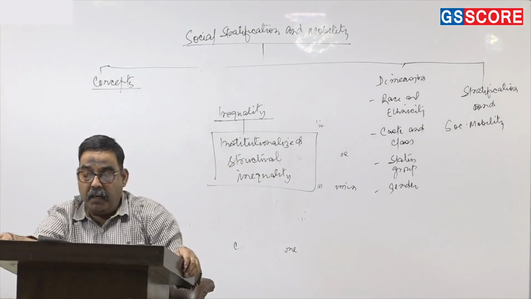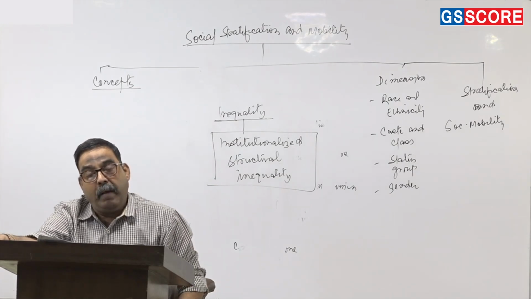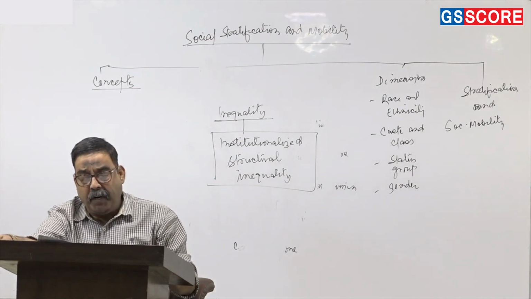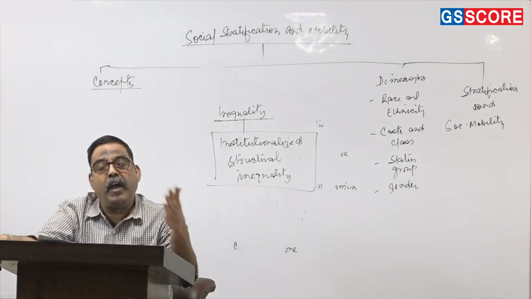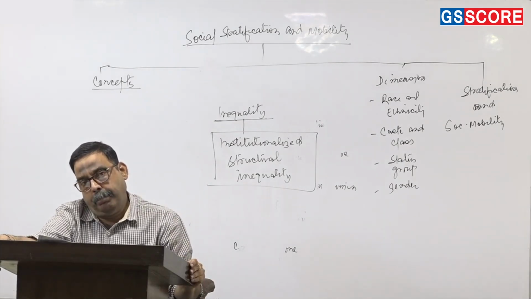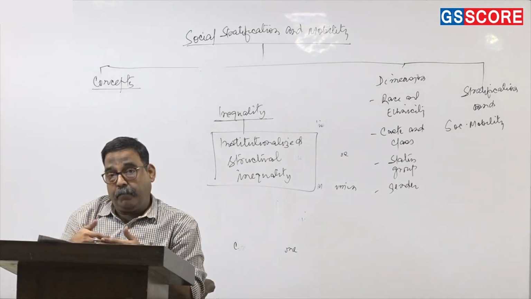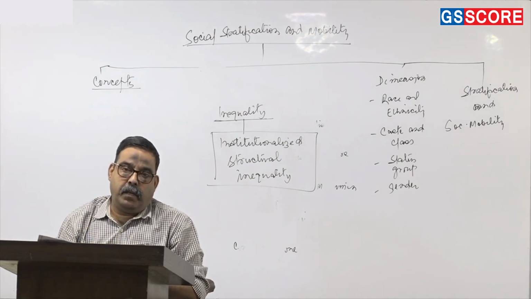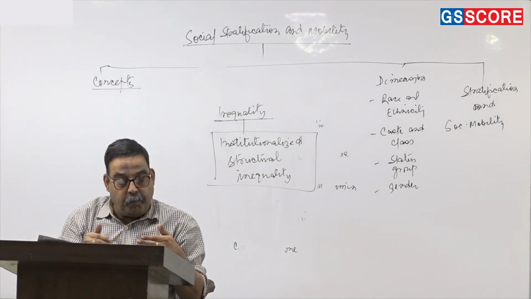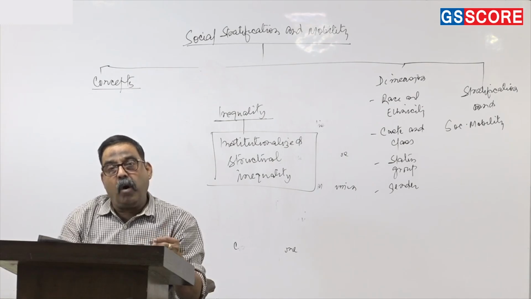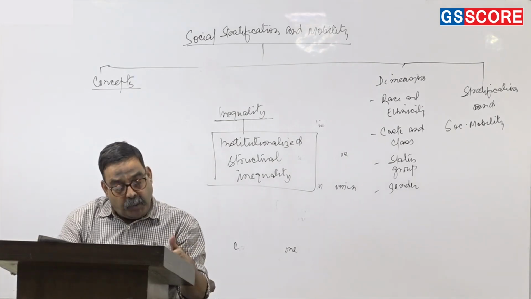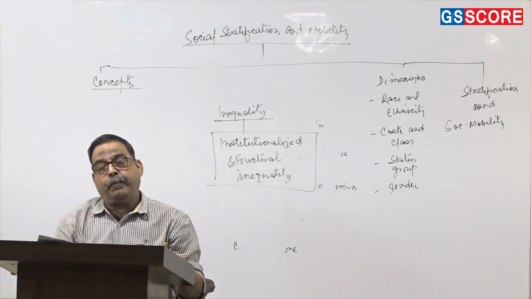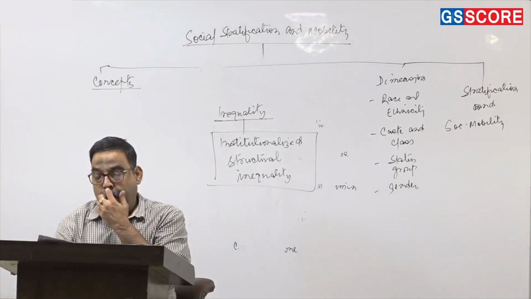Now, Max Weber says that to see property as the sole criterion of class is myopic. Here comes the critique of Marx, who is looking at property relations, at economic determinism. Weber is saying that to see property as the sole criterion of class is a myopic one.